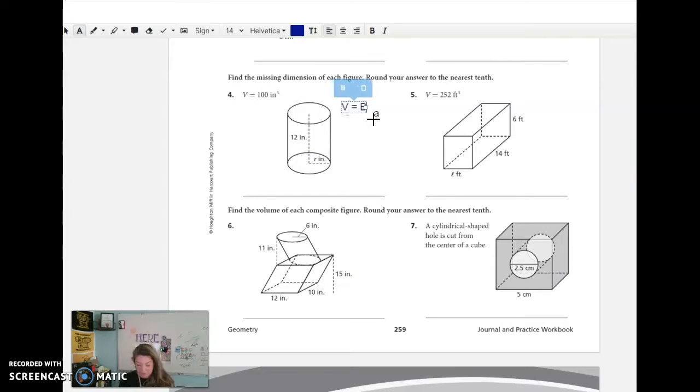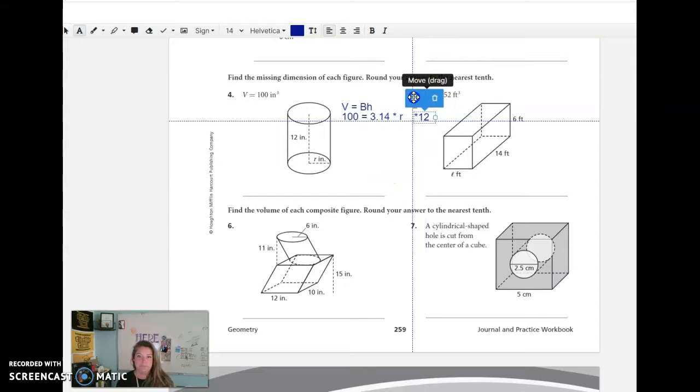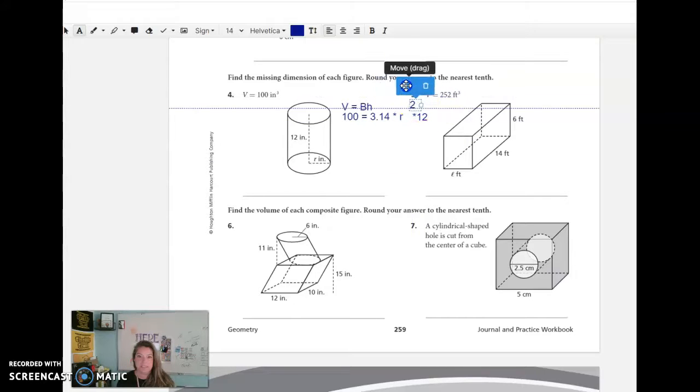So if we use this formula, V equals base times height, area of the base, I know that my volume is 100, and that's going to equal the area of the base, which is 3.14, times my radius squared, and then times my height, which is, in this case, 12. I just want to move these around so we can see this a little bit better. Again, I apologize. DocHub doesn't let me do those superscripts, okay.